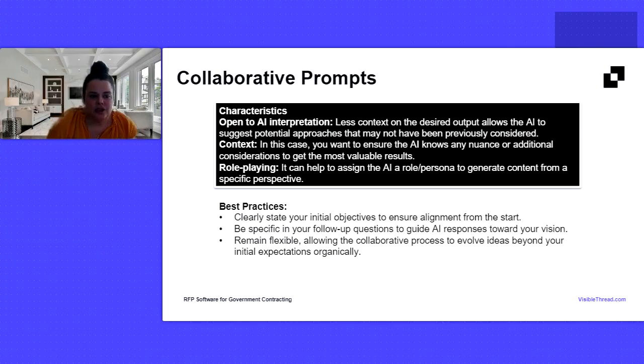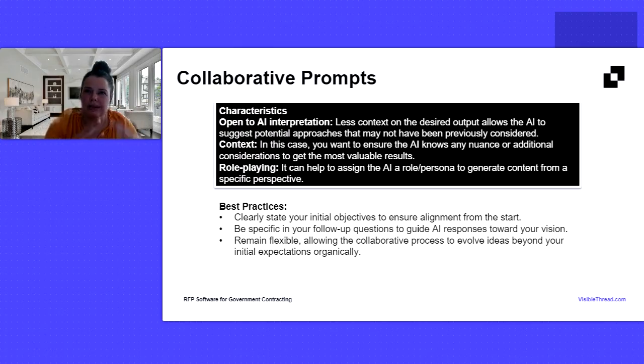So in this situation, we're going to put less context on the desired output. It's not like an instructional or contextual prompt where you're going to really focus on the outcome that you're looking for, the structure, the end game.